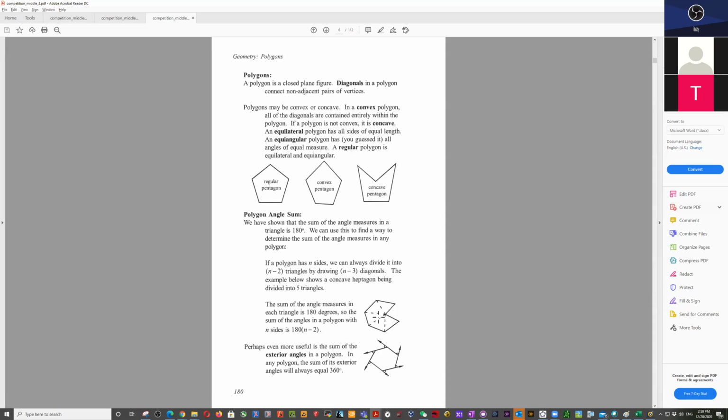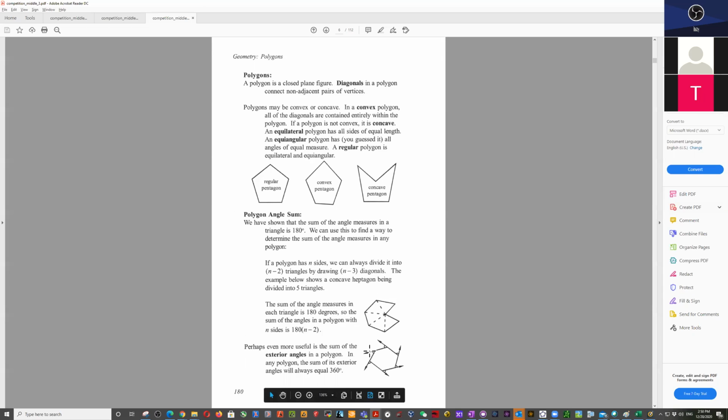Basically the sum of the interior angles of a convex polygon is 180 multiplied by n minus 2.